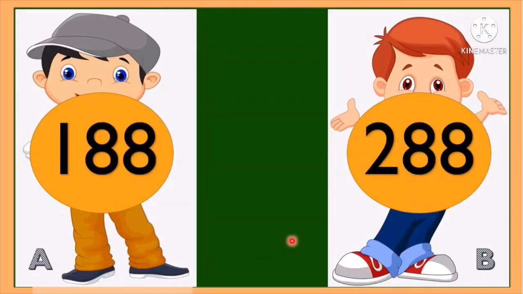Yes, it's boy B. So, we need to face the left side. And if you're facing the left side, oh, sorry, it's the right side. Sorry for that one. So if we are facing the right side, that is less than. Good job. So we have in the sentence, 188 is less than 288. Alright?